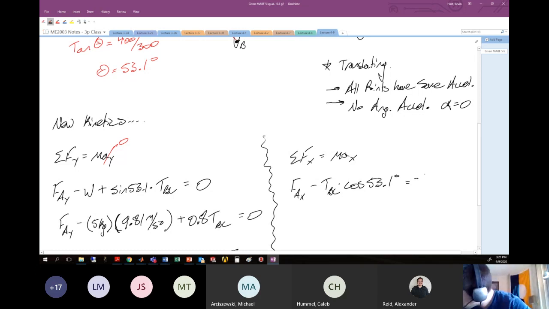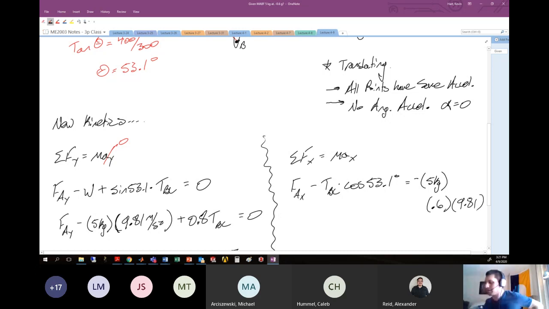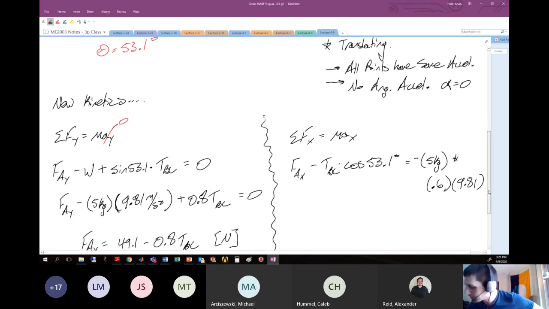So we have negative, the mass, 5 kilograms, times the actual acceleration itself. I'm a little bit out of room, so this is 0.6 times the acceleration of gravity, which is 9.81 meters per second squared. All right, so that's all kind of multiplied together. Sorry about that, just ran out of space a little bit.